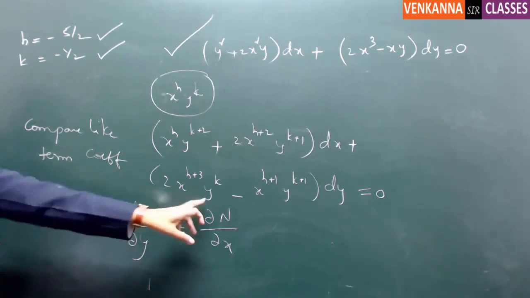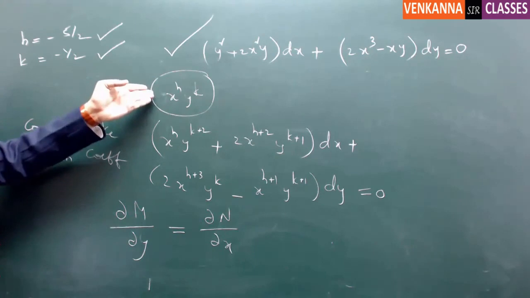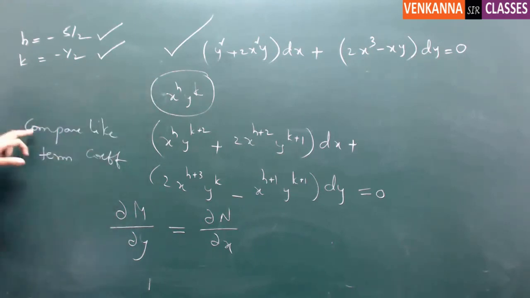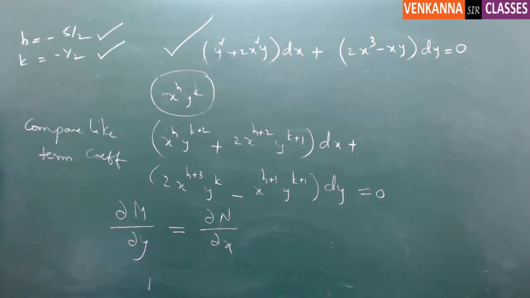Consider the partial derivatives, make them equal because this is the integrating factor. Compare the like term coefficients. So on solving the coefficients, you will get h and k as it is. Okay? Are you getting the ideology, what I am saying? Fine. So it is another way around.